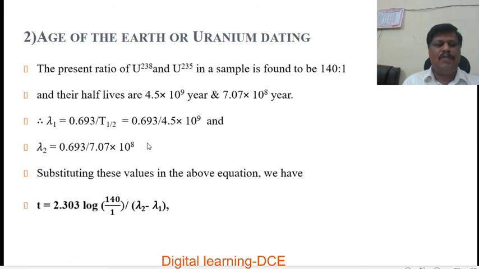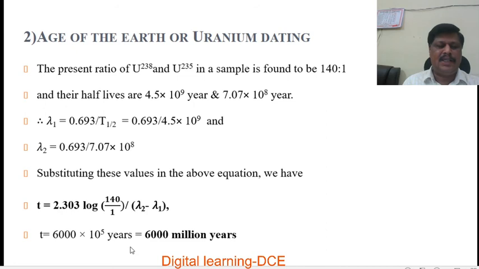Substituting the values of lambda 1 and lambda 2 in this equation and ratio of uranium 238 to uranium 235 as 140:1, and after simplification we'll get the age of the Earth as T is equal to 6000 into 10 power 5 years or 6000 million years.